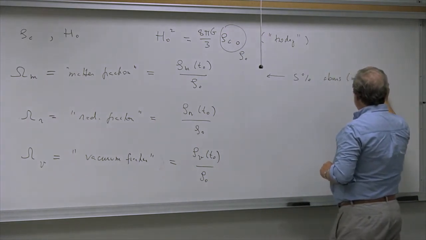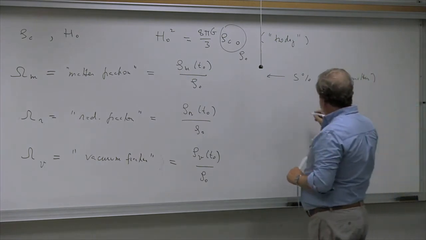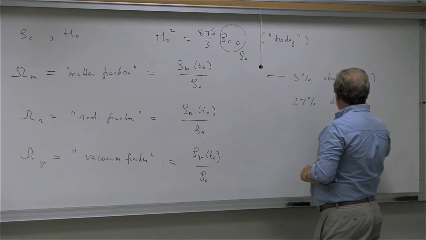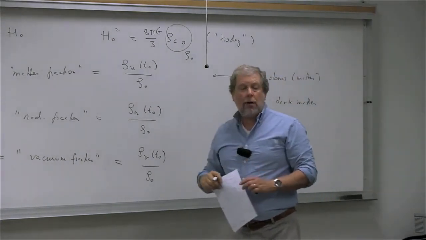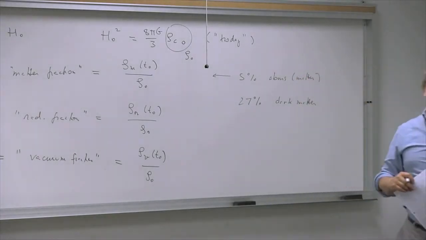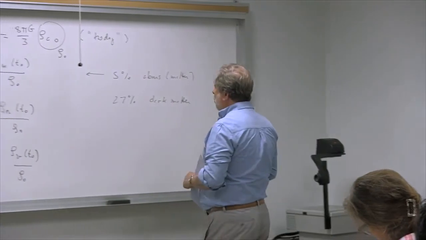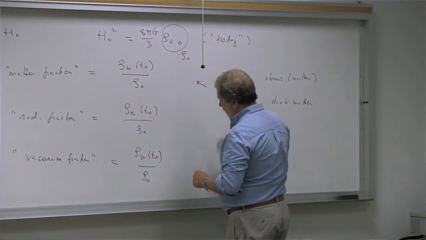That is normal matter. And about 27% is dark matter. That is matter that is non-baryonic. It's not made of the usual things that we are made of, atoms and protons and electrons and so forth. That, of course, all goes into the matter part.